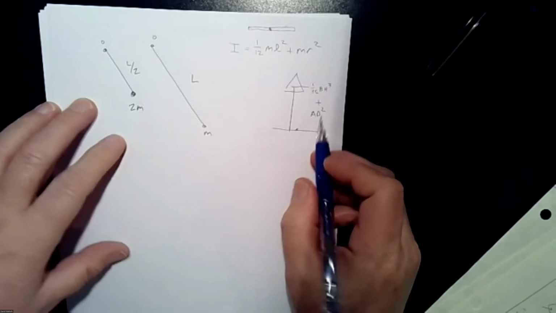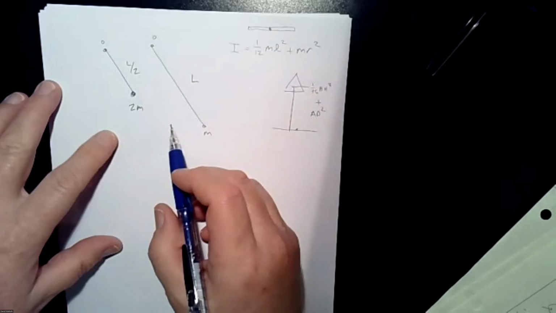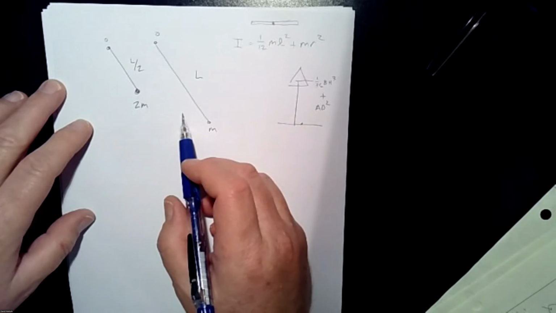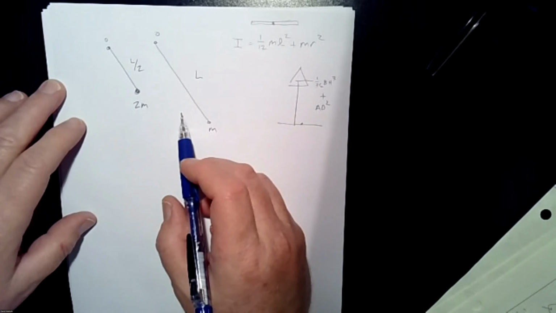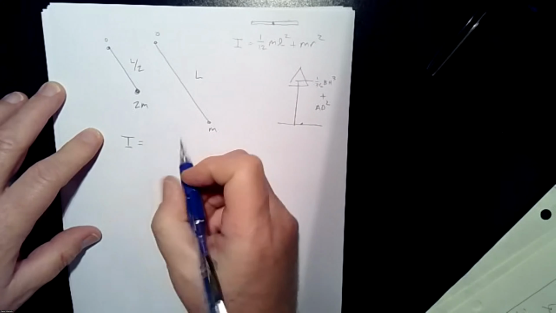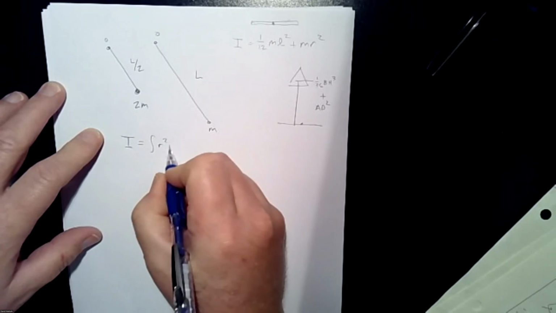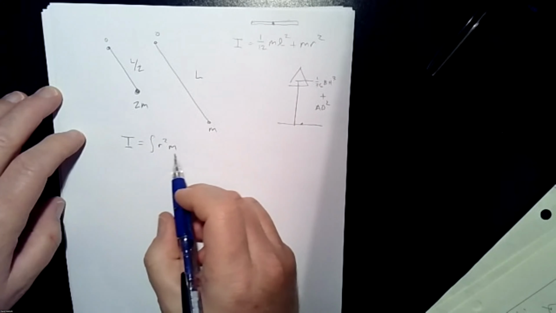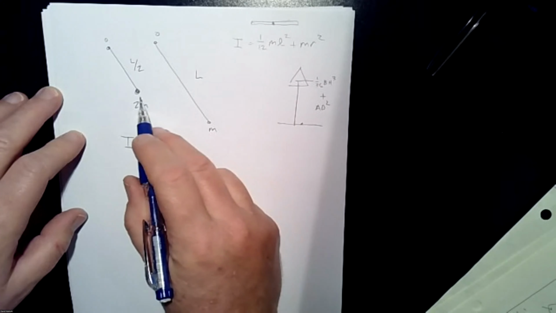So that's statics, but in dynamics, we use the mass. Anyway, getting back to this, we can see that I generically is just equal to the integral of r squared dm. So m is a constant because it's a point mass.